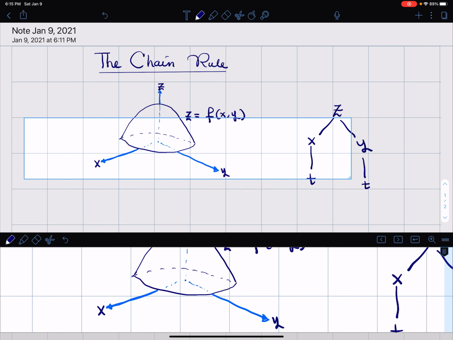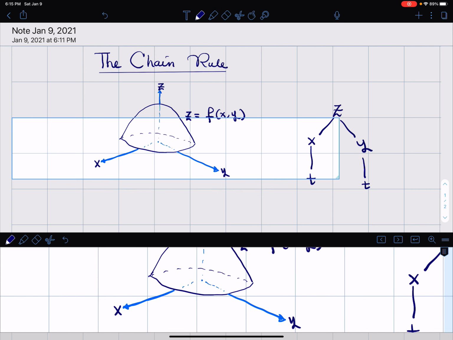This is usually useful when you want to restrict your domain to a very small subset of the xy plane. What do I mean?